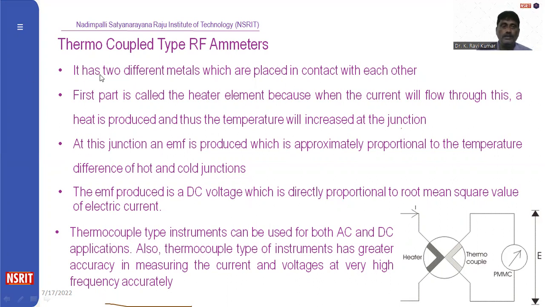Okay, so it has 2 different metals which are placed in contact with each other. The first part is called the heating element, that is a heater. See this one. This one is called a heater.